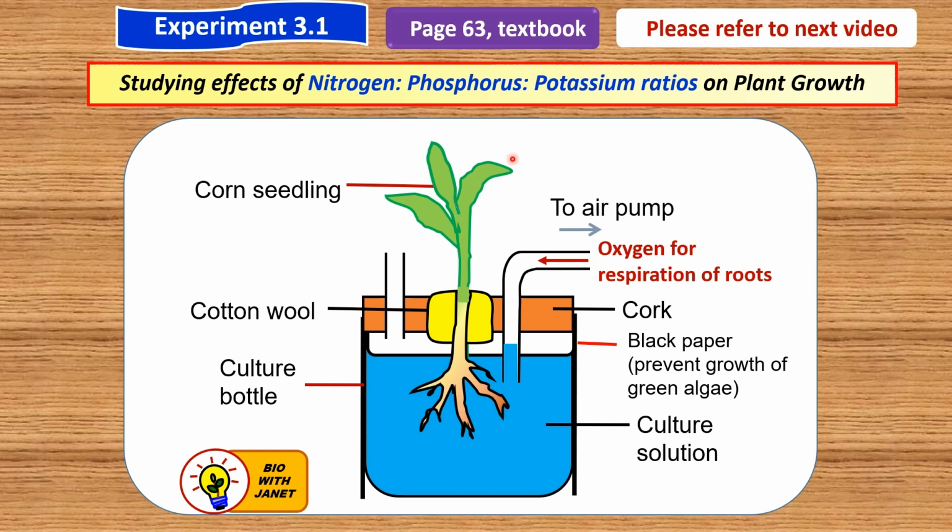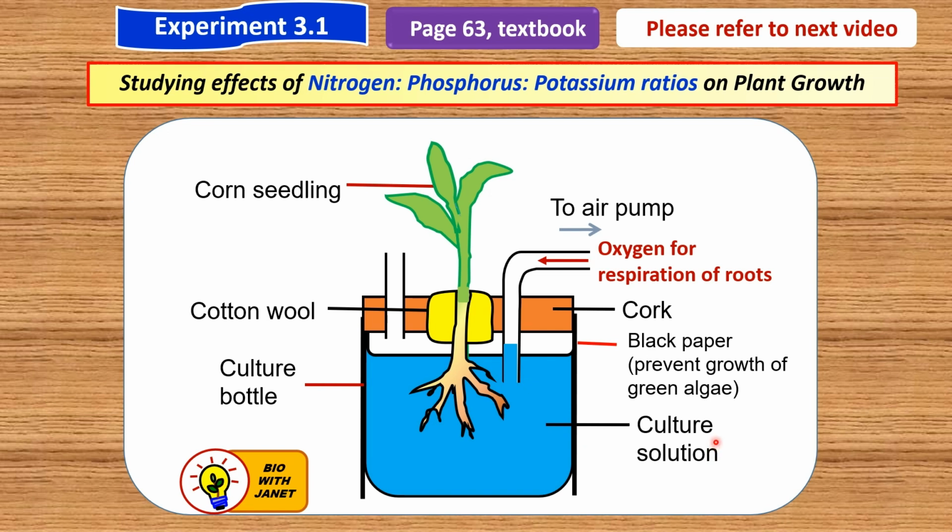Now, in the next video, we'll be discussing experiment 3.1 that's related to this topic. So experiment 3.1 is found on page 63 in the digital textbook. The objective is to study the effects of nitrogen, phosphorus, and potassium ratios on plant growth. Basically, we are going to prepare different culture bottles with different culture solutions.